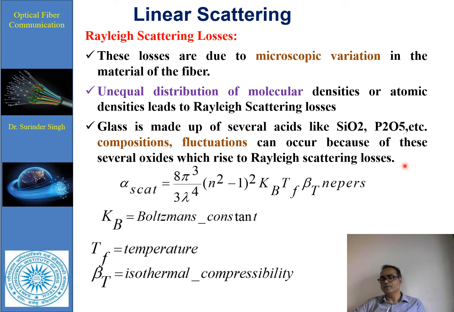From that we can calculate the scattering loss. And the scattering loss with respect to the length can be calculated, which is equal to exponential of minus gamma R into L. That is the formula to evaluate it.